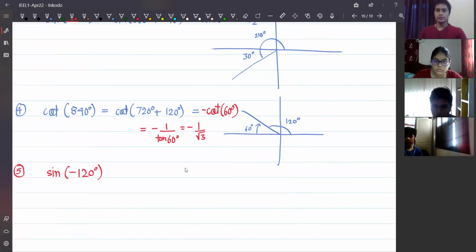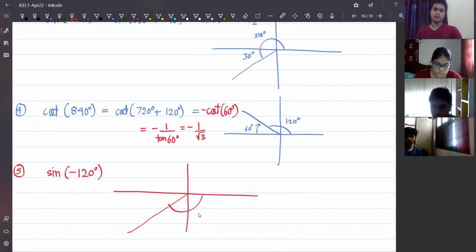So when I write sine of minus 120, nothing is changed, but you have to rotate it in the clockwise direction. So this angle is 120 degree. After drawing this, the rest of the steps are the same. You measure the acute angle with the x-axis, that is 60 degree.